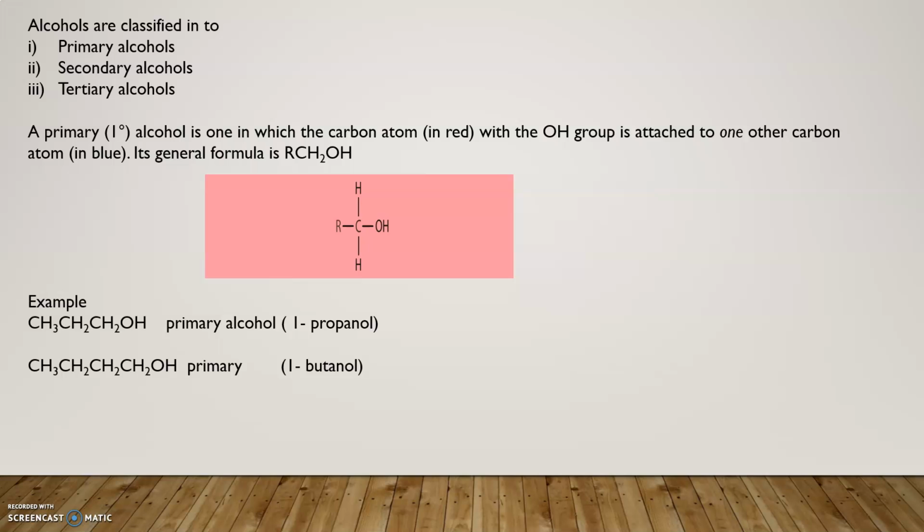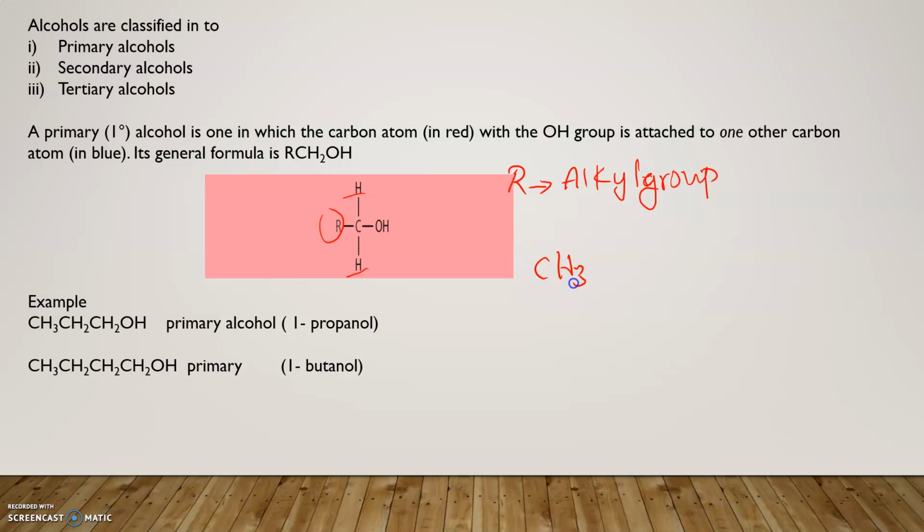First, the primary alcohol. In a primary alcohol, the carbon is attached to 2 hydrogens and only 1 carbon. The R represents an alkyl group. Let me make it clear. For example, look at this example.